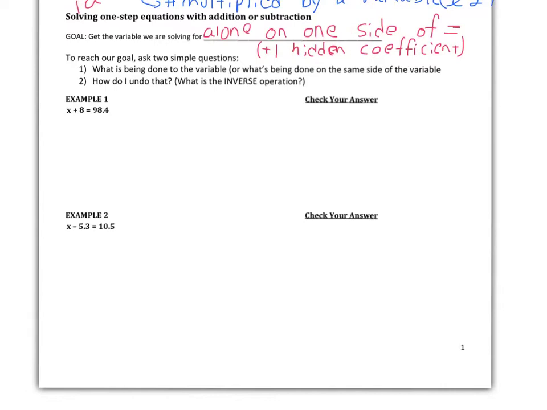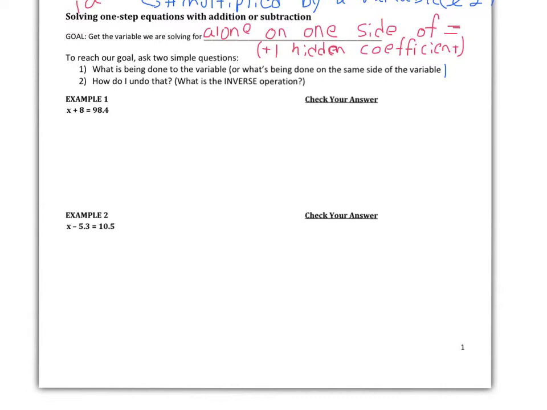To reach our goal, to get our variable by itself, we're simply going to ask, what is being done to the variable? Or you can say, what is being done on the same side of the variable. There should be parentheses there. Once we've identified that, we simply ask ourselves, how do I undo it? What's the inverse operation?